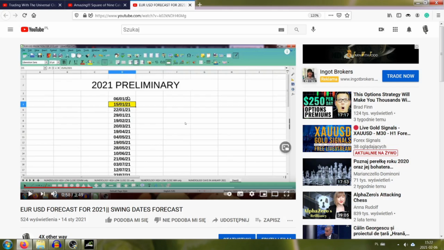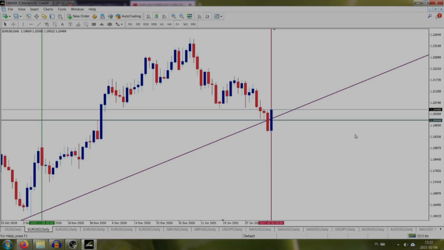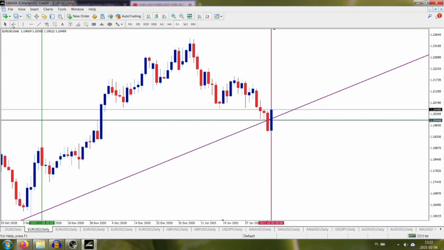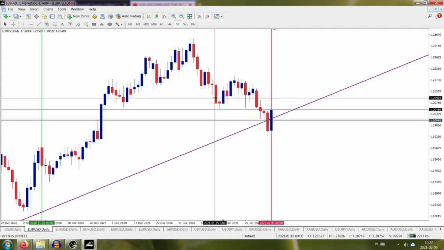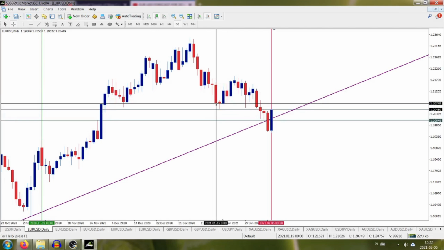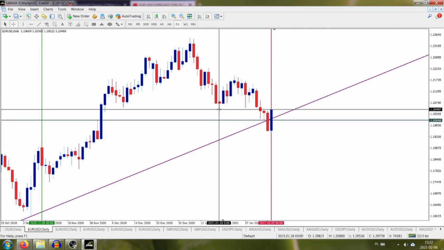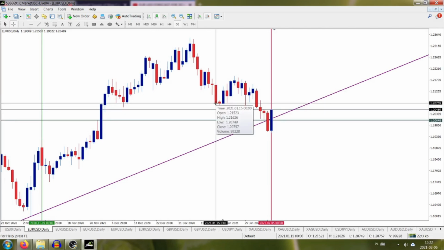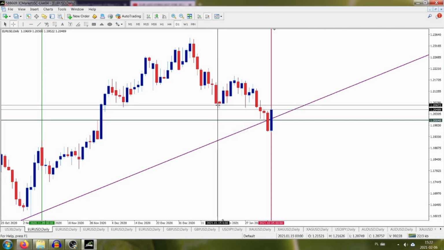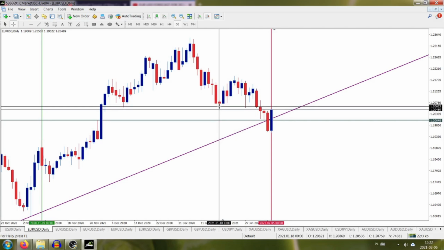And what happened? Look at the chart, please. 15th of January 2021. This line is just the bottom of the candle on the 15th, and the next day is the 18th. So again, we got Friday. Sometimes it happens on Friday, Monday. They are very interesting dates from this point of view.